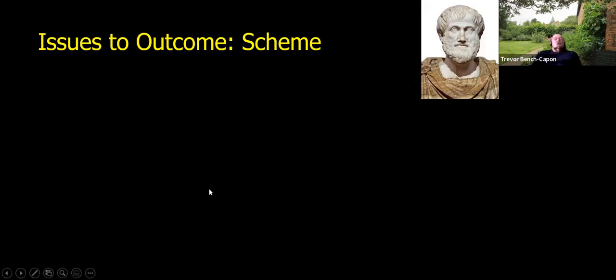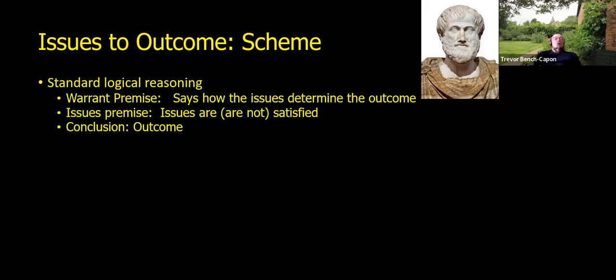First, issues to outcomes. This is just standard logical reasoning. We have a warrant premise, which is the rule which says how issues determine the outcome. The issue premise, which says that the issues are or are not satisfied, and then the outcome, which is that the outcome is satisfied or not.